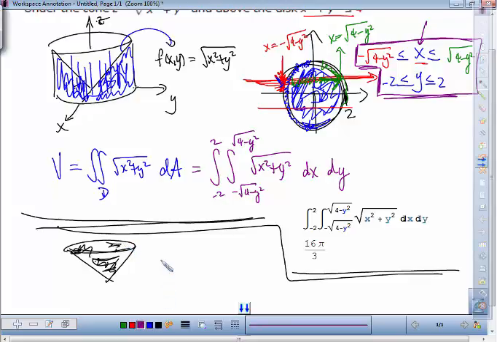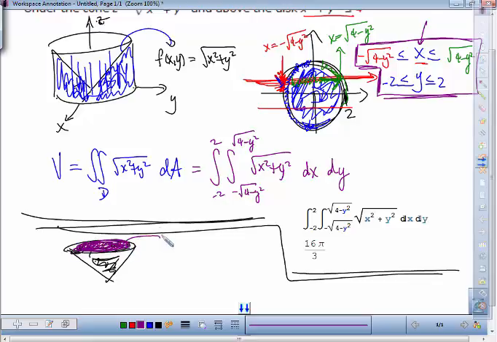So we didn't talk much about this yet because this falls under the category of what they call applications. But what we really have here in terms of this cone are two surfaces.